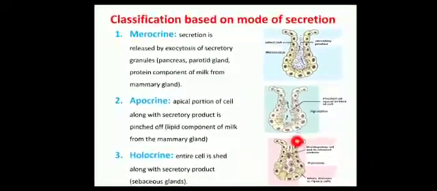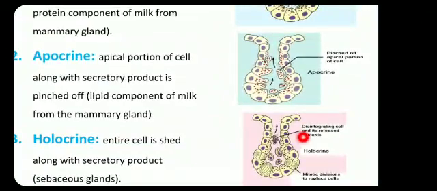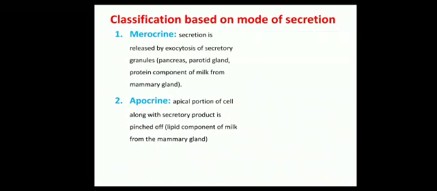In the case of holocrine glands, the entire cell is shed along with secretory product, for example the sebaceous gland. Here these are whole cells, disintegrating cells and their released contents. The whole cell is disintegrated. This is holocrine secretion.